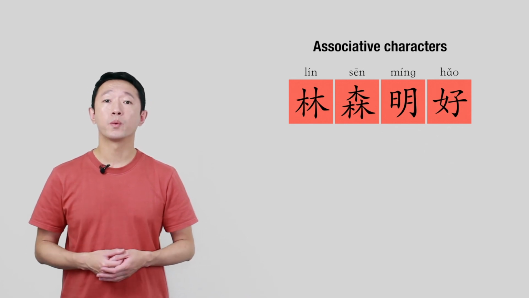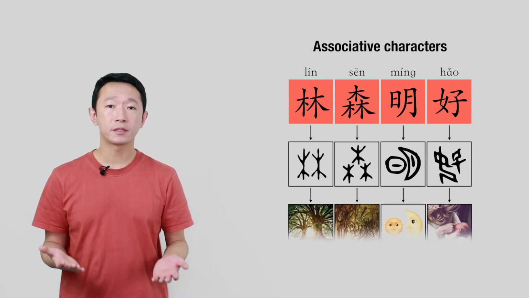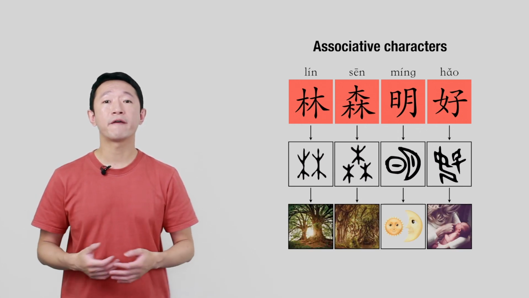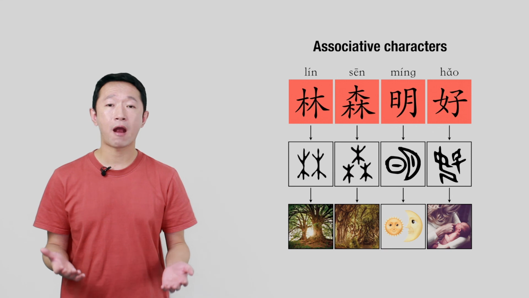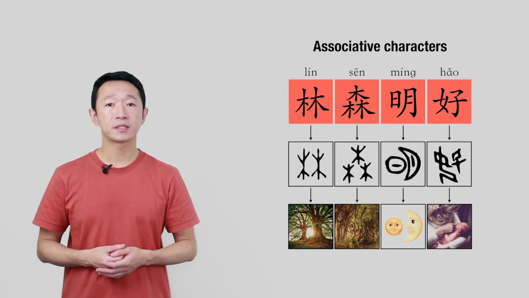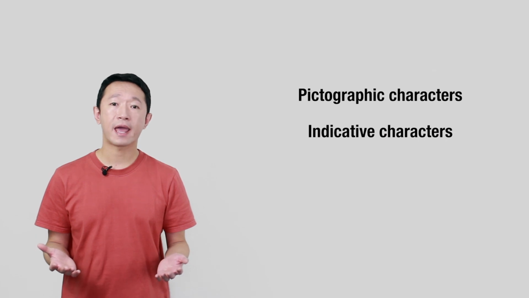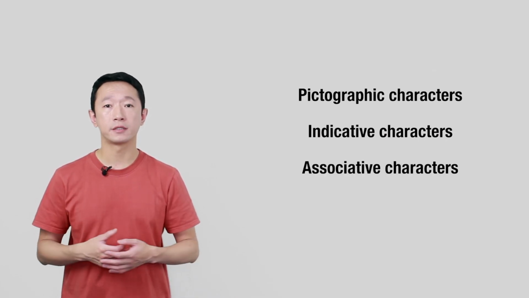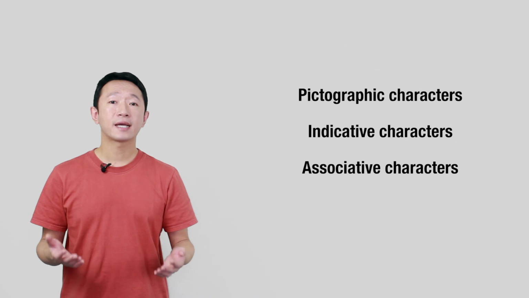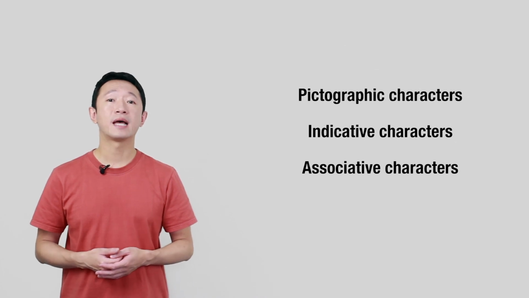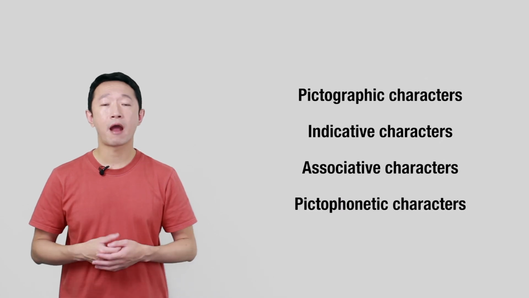Associative characters were created by combining 2 or more pictographic or indicative characters together to express a new meaning. So far, we have learned pictographic, indicative, and associative characters. In the next lesson, we are going to learn the last type of character, which is pictophonetic character.